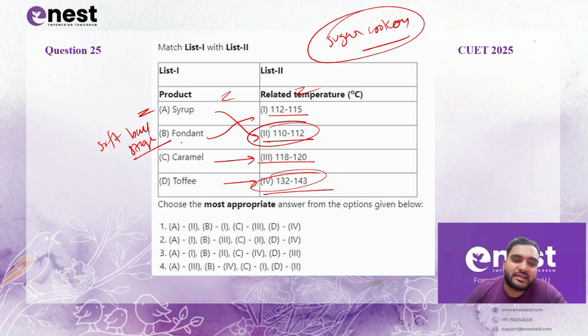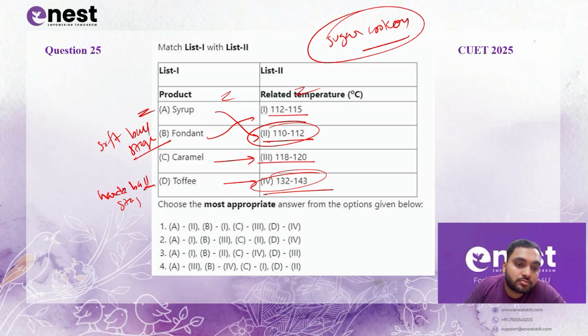Then caramel, I think everyone knows what caramel is. The sugar is cooked to a slightly higher temperature, and it develops that nutty flavor along with the color, which is very prominent among all the desserts. Then toffee is slightly harder, and the sugar is cooked to a very high temperature, and this stage is called the hard ball stage.